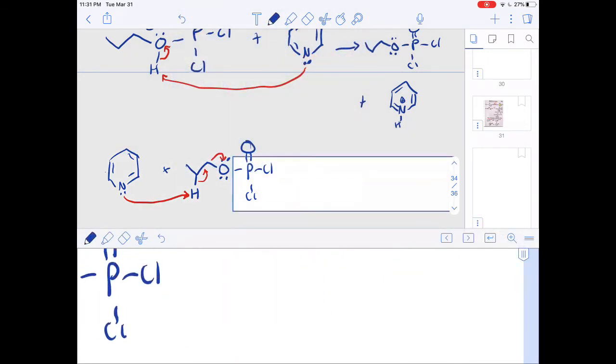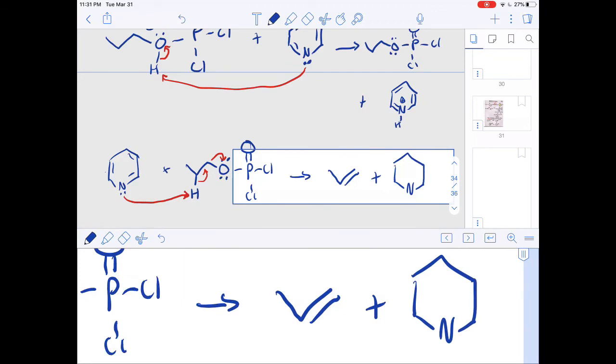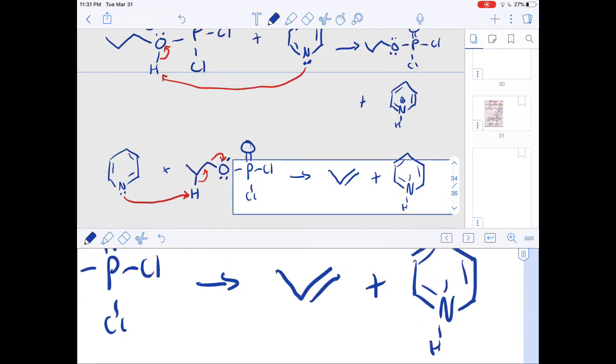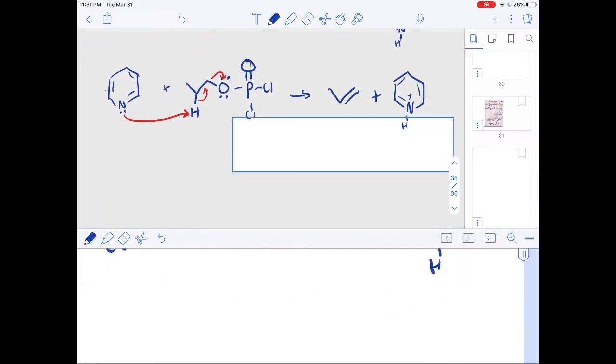Okay. So your product is going to be this plus protonated pyridine. You're actually going to have 2 of these by the end of the reaction. So if you want, you could write 2. But for this case, I'm not going to, just because I'm going step by step.